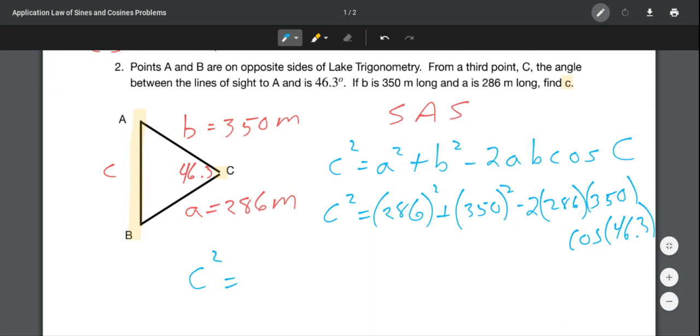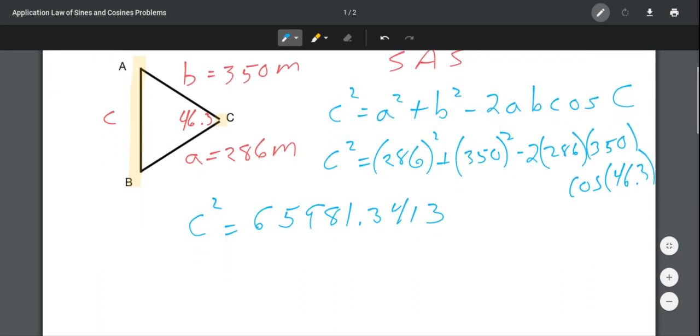I get C squared is 65,981.3413. And then because it's squared, I'm going to say second square root, second answer, guys. And I'm going to get C to be approximately 256.868. And this is in meters. And that would be my solution to my problem.